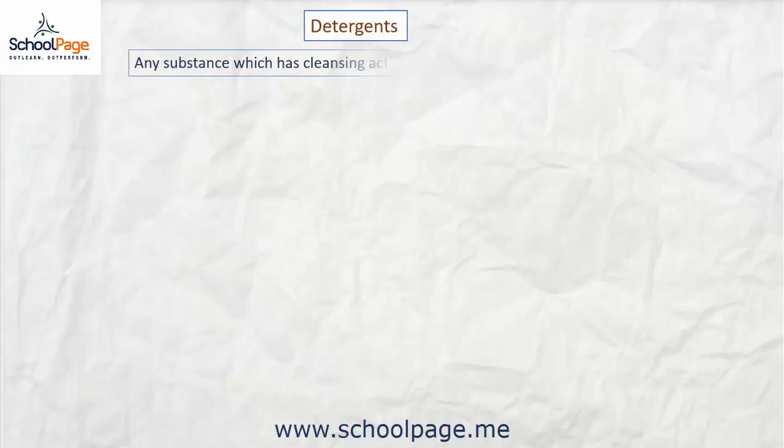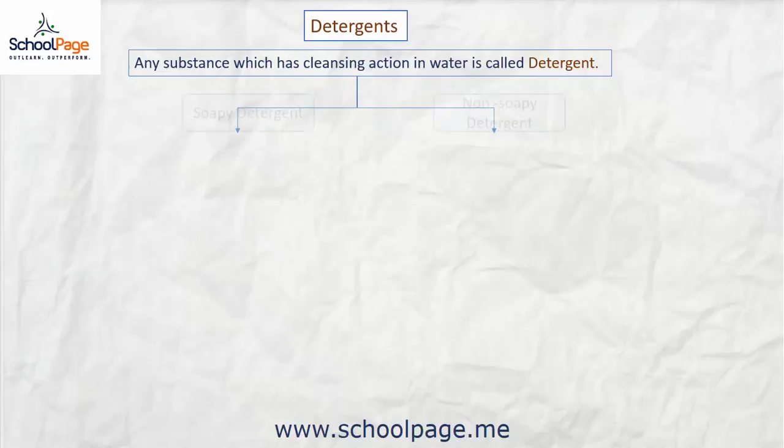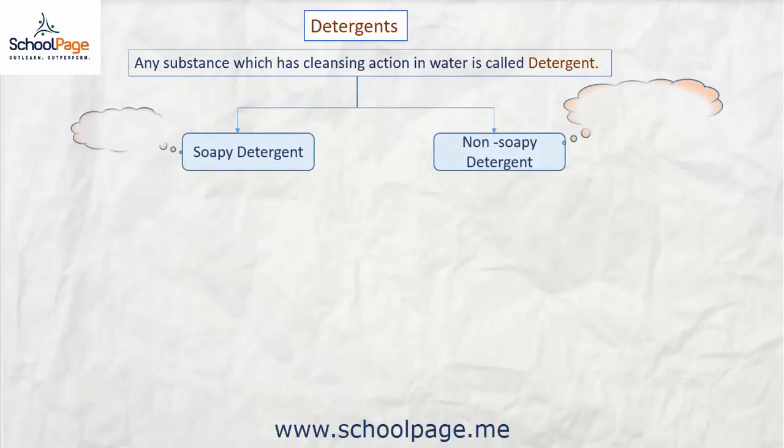Let's have a quick recap of all that we have learned today. We learned that detergents are nothing but substances which have cleansing action in water. Detergents are of two types, soapy detergents which are generally called soaps and non-soapy detergents which are generally called detergents.